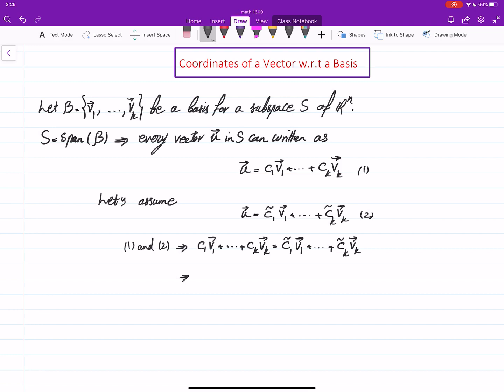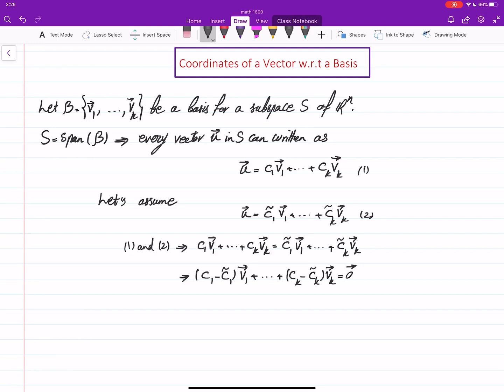Now you bring all the terms to one side, so this will be (c1 minus c1 tilde) times v1 up to (ck minus ck tilde) times vk equals the zero vector.